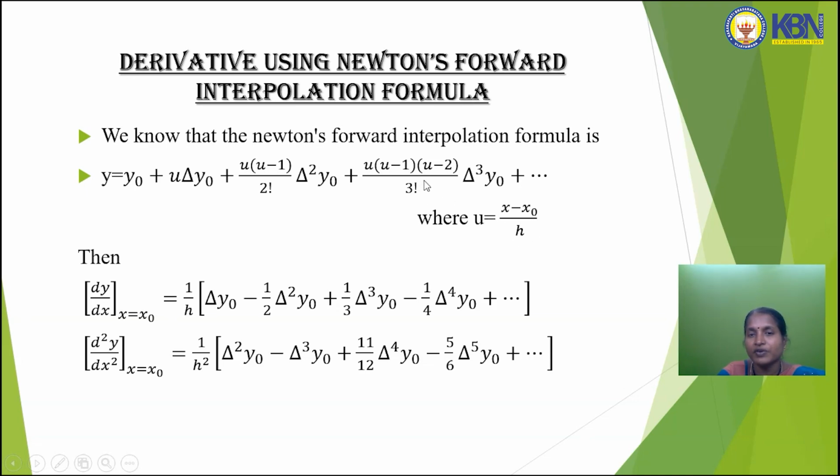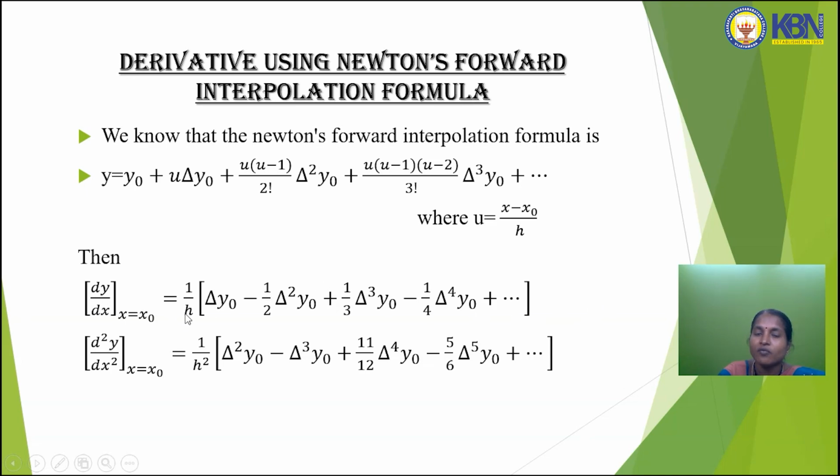In the previous units we used this formula, but in numerical differentiation we use it to write the first derivative and second derivative forms. The first derivative is dy by dx at x is equal to x naught. The formula is 1 by h into delta y naught minus 1 by 2 delta square y naught plus 1 by 3 delta cube y naught minus 1 by 4 delta power 4 y naught plus and so on.